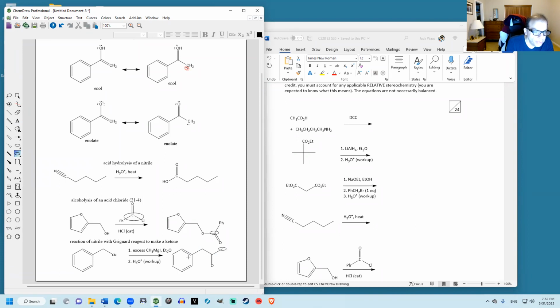And this carbon is this carbon. You actually get an imine at first, but the H3O plus hydrolyzes the imine and gives you the ketone. That's a chapter 19 reaction. And that's basically it for that page.